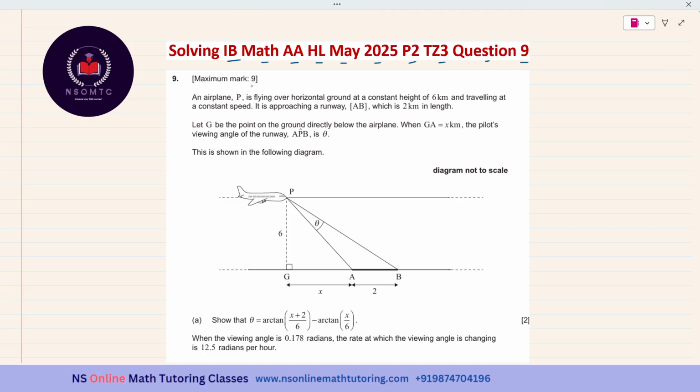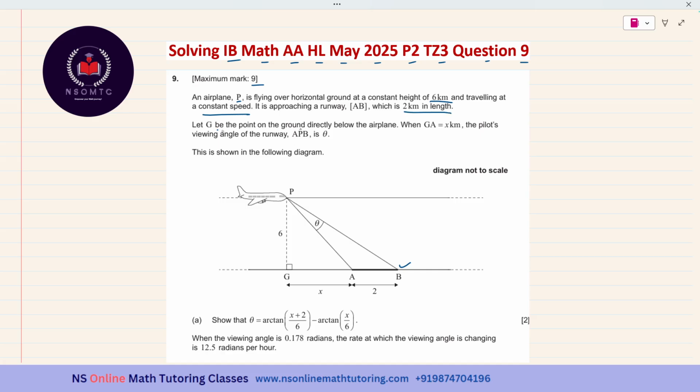Question number 9 is worth a maximum of 9 marks. An airplane P is flying over horizontal ground at a constant height of 6 kilometers and traveling at a constant speed. It is approaching a runway AB, which is 2 kilometers in length.